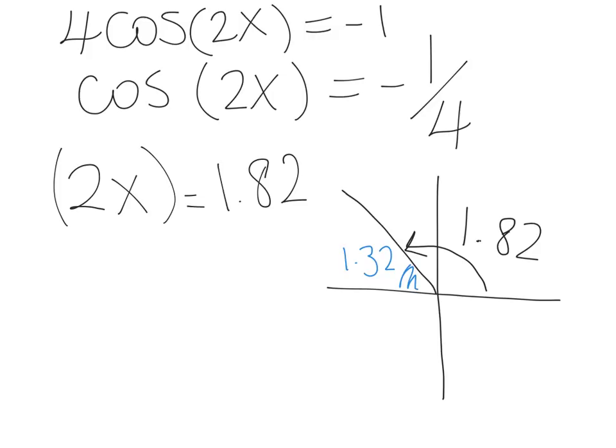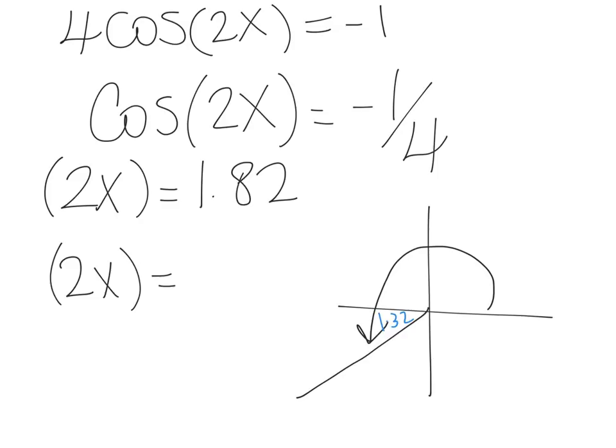So I know cosine is negative in the second and third quadrants. So there's another angle that we can find if reference theta now goes in the third quadrant, and that angle will be pi plus 1.32, or 3.14 plus 1.32, which gives me 4.46.